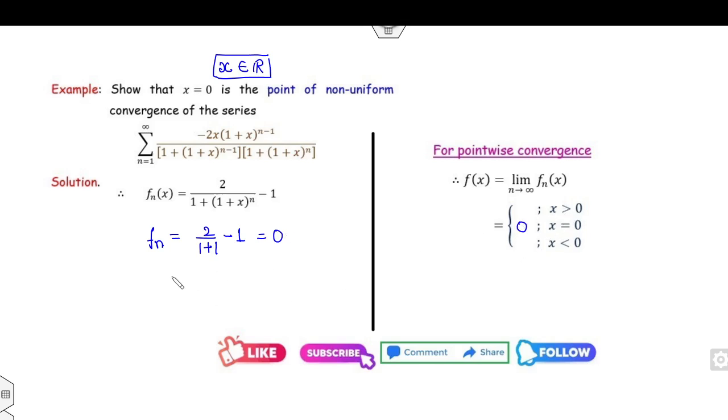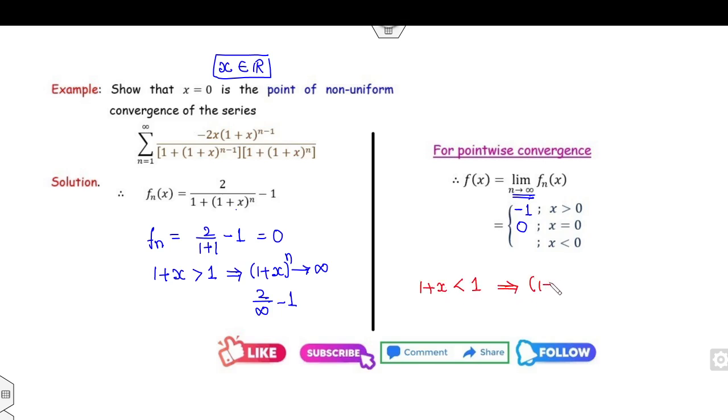When x is positive, then 1 plus x is greater than 1. What will happen if you consider it raised to power n? It goes to infinity as n approaches infinity. So the limit, this expression becomes 2 over infinity minus 1, that is minus 1. Similarly, when x is less than 0, 1 plus x will be less than 1.